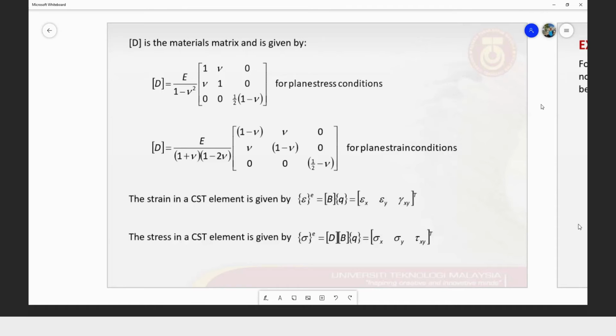Then we have two choices in setting the material matrix, which is whether it is a plane stress condition or a plane strain condition. These two conditions actually depend on the arrangement of the structure itself and also the load applied to the structure, as we discussed before.